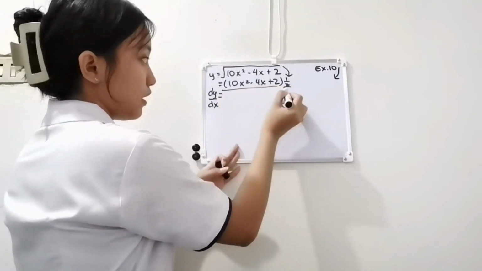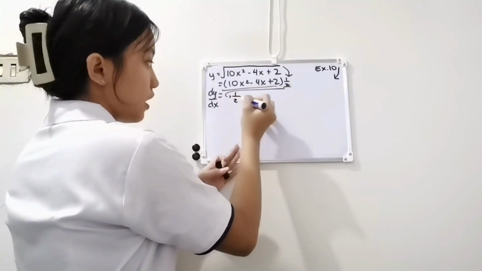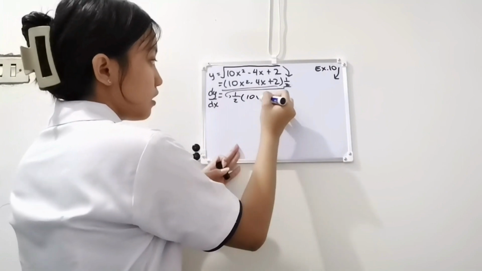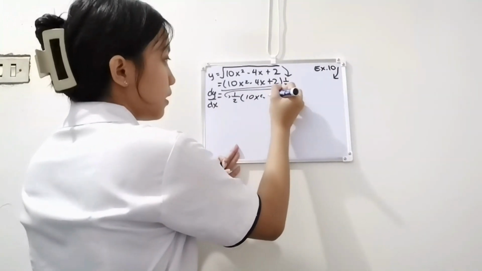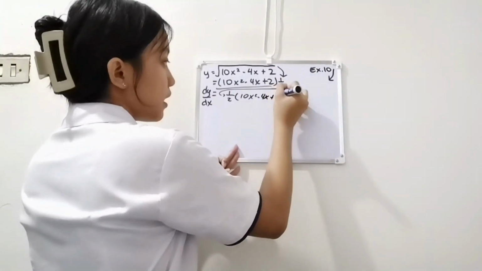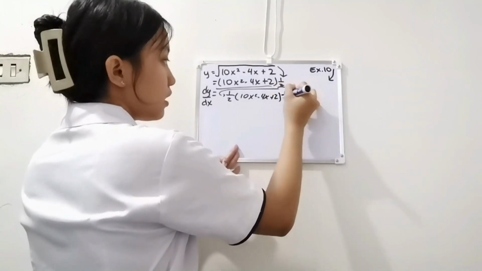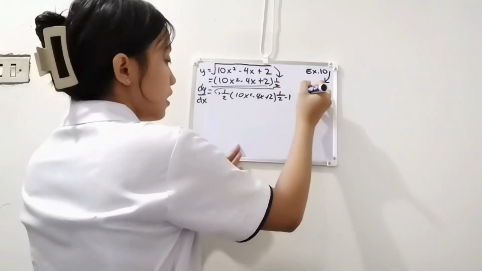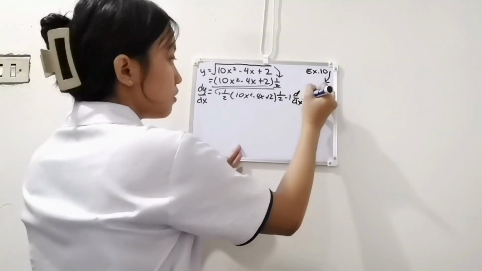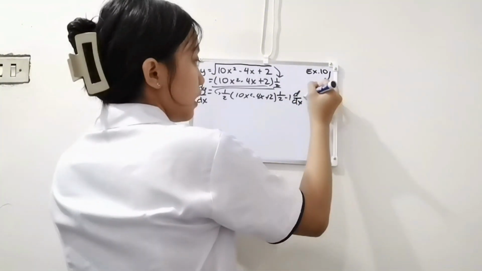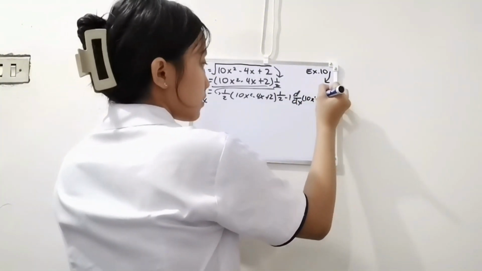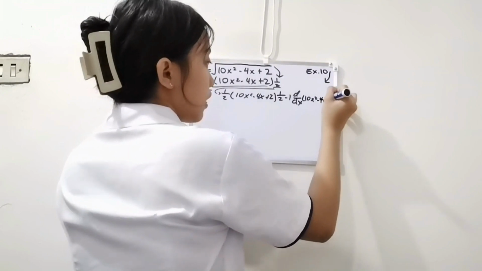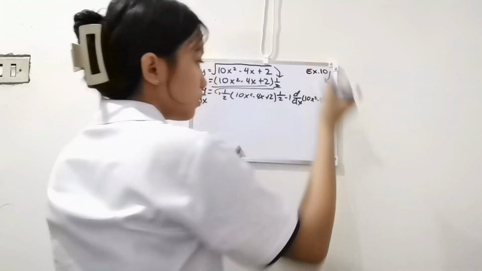So, this will be written as 1/2 times 10x squared minus 4x plus 2, raised to 1/2 minus 1, and then the derivative of our given, which is 10x squared minus 4x plus 2.